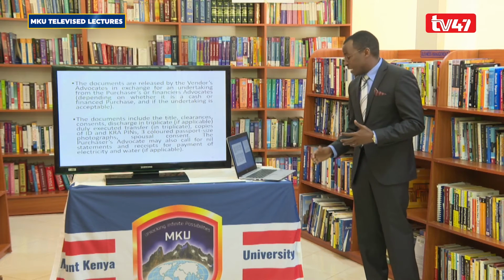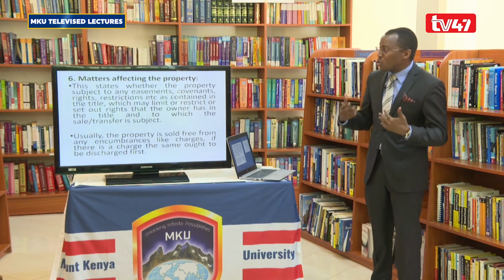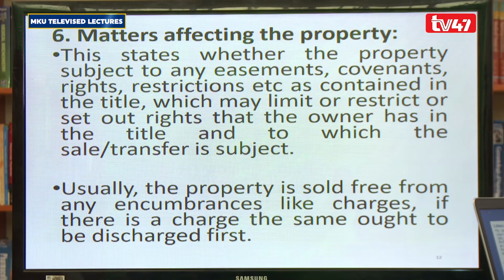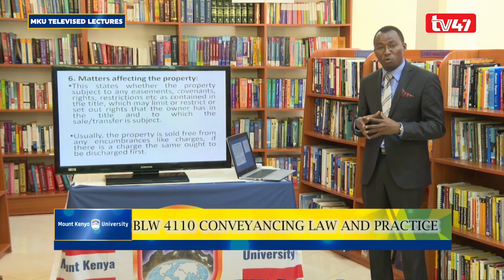It is also important that when you are writing this particular contract, the conveyancer is able to prescribe any specific matters that could be affecting the property. For instance, it would be important to talk about any rights, covenants, or restrictions that could be a subject of this property. If there are things like charges, these again are matters that could be affecting the property, because parties will have to agree on how these matters will be handled.